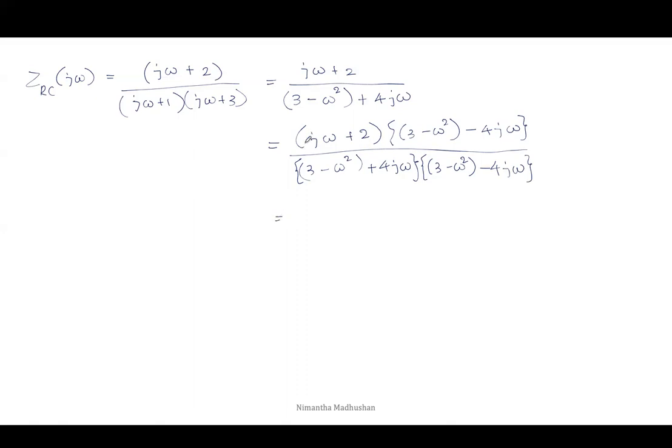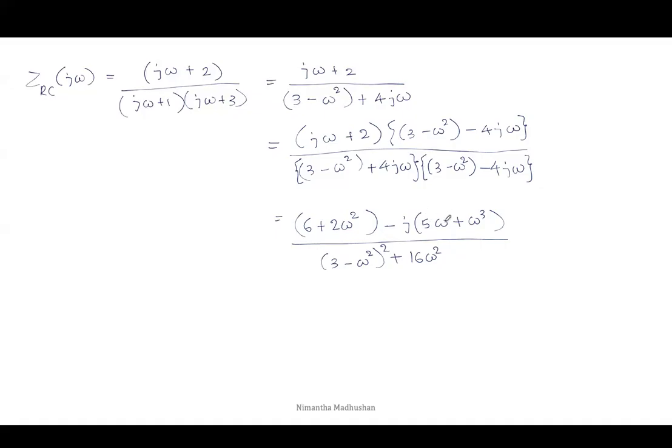For the numerator, we get 6 + 2ω² - j(5ω + ω³). And the denominator is (3 - ω²)² + 16ω².